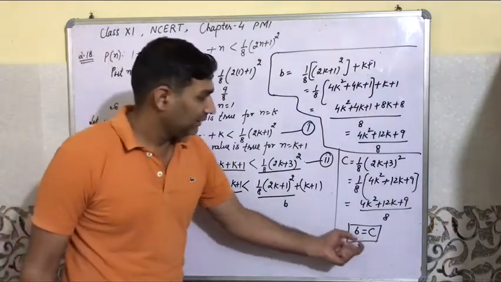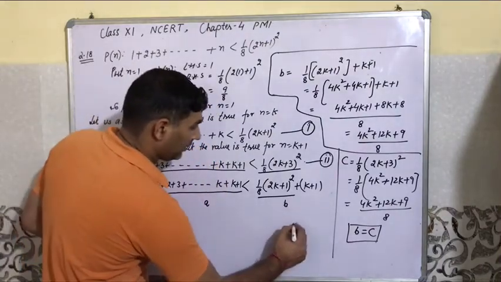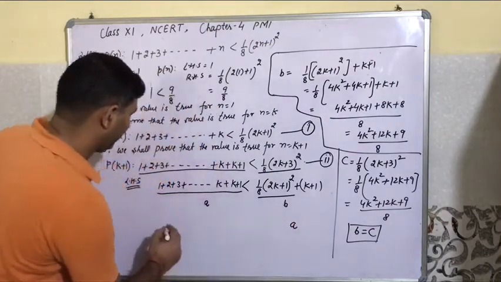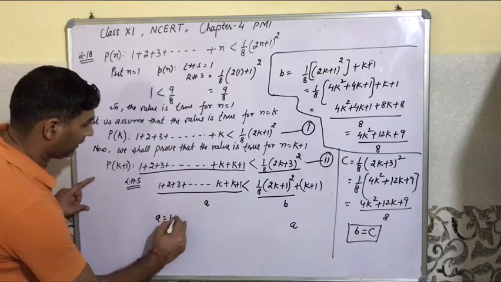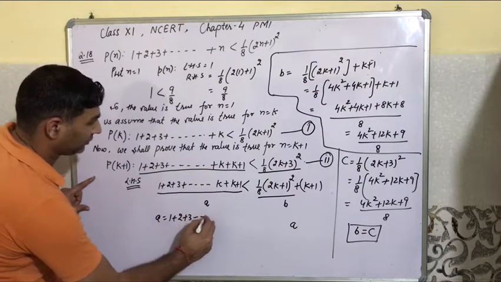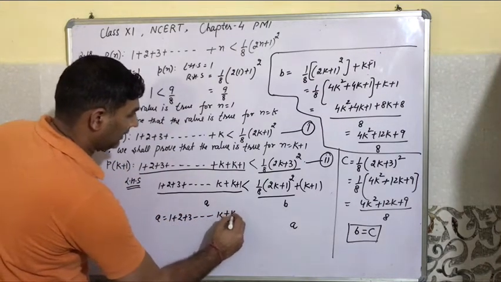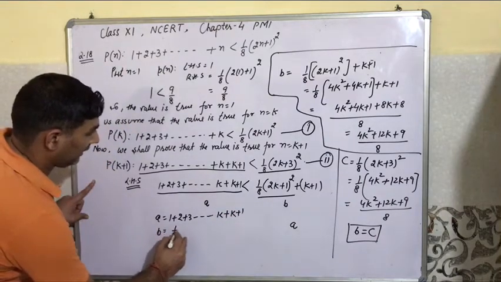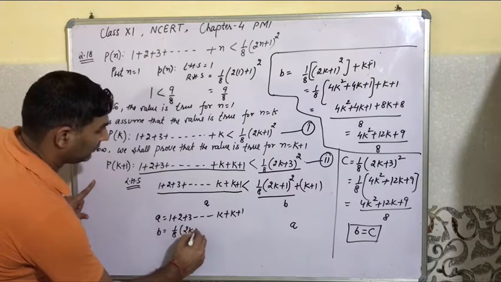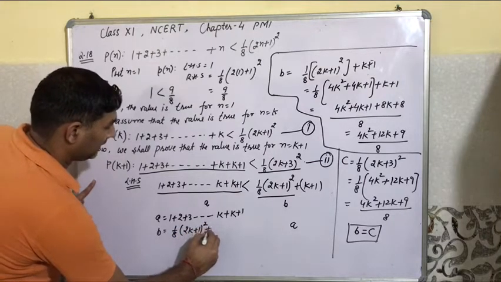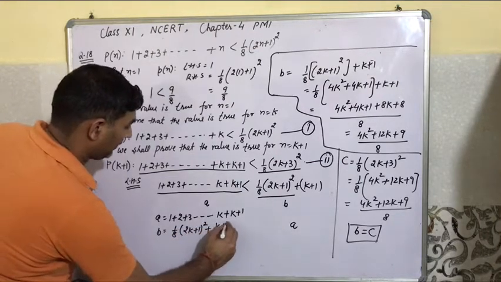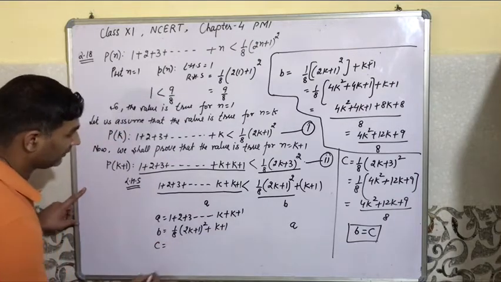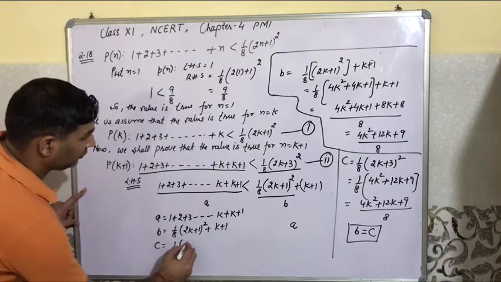Using this, a is equal to 1 plus 2 plus 3 and so on up to k plus 1, and b is equal to 1/8 (2k plus 1) whole square plus k plus 1, and c is equal to 1/8 (2k plus 3) whole square.